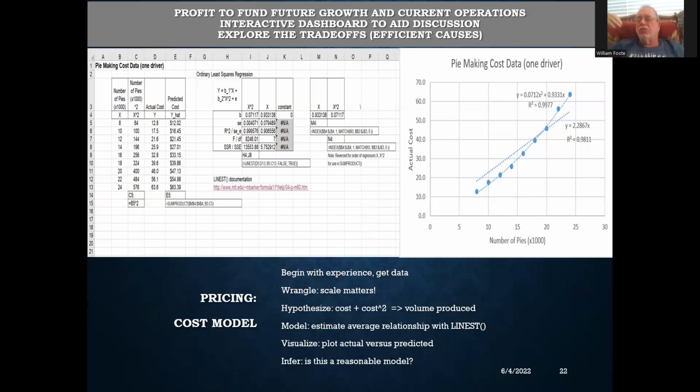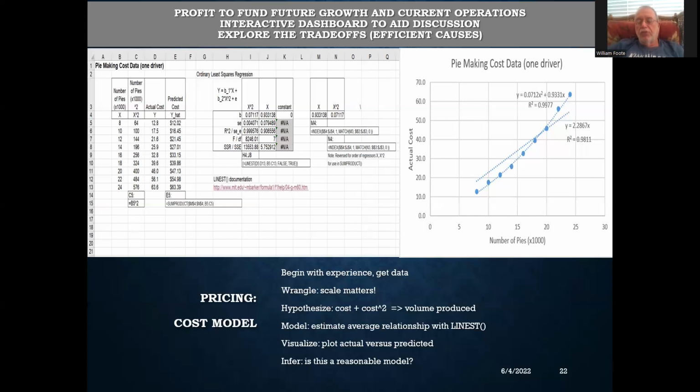We're basically just doing interpolation, but based upon inference, we can interpret it because we're saying cost squared implies, if this then that, volume produced, then we can predict volumes and costs. Okay.